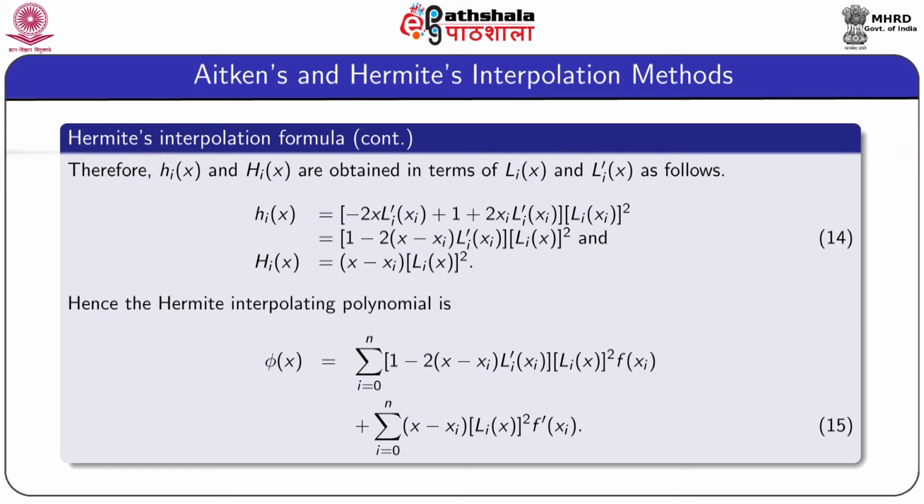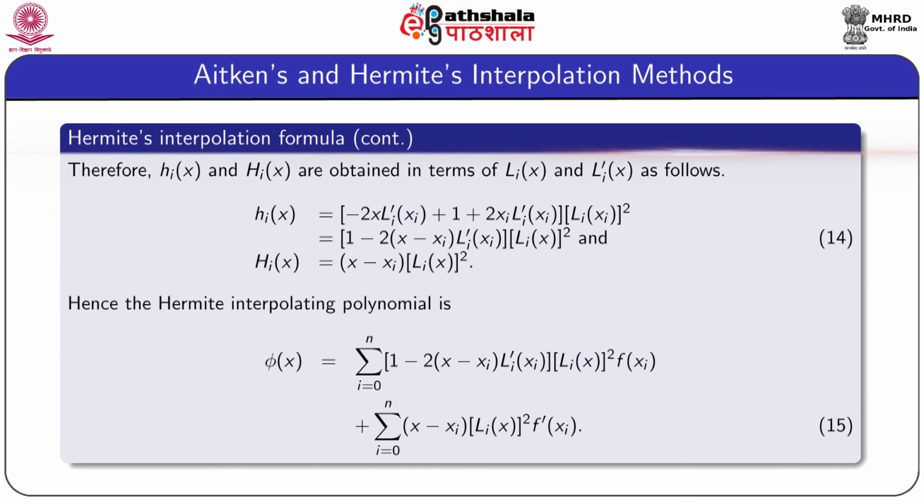After simplification, this expression reduces to (1 minus 2 into (x minus x_i) into first derivative of L_i at x_i) whole into L_i square, and capital H_i(x) equal to (x minus x_i) into L_i(x) whole square. So, we obtain the values of small h_i and capital H_i in terms of Lagrangian functions.